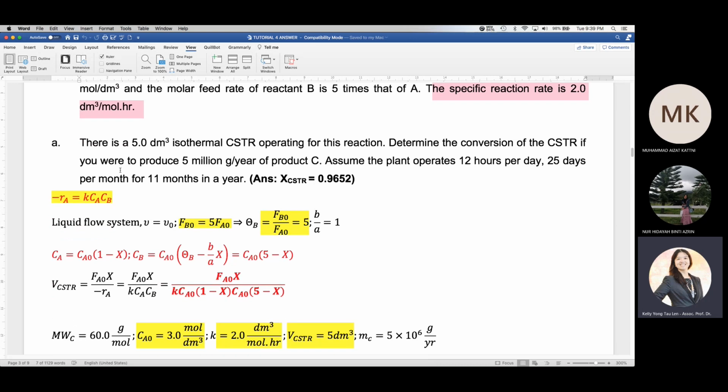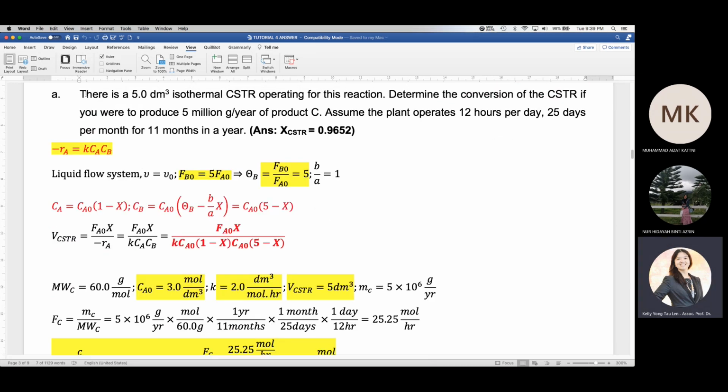The question says, there is a 5 dm cube isothermal CSTR operating for this reaction. Okay, so sama case. Dalam case ni pun kita dah tahu dalam plant kita tu dah ada reactor and the reactor volume is 5 dm cube.